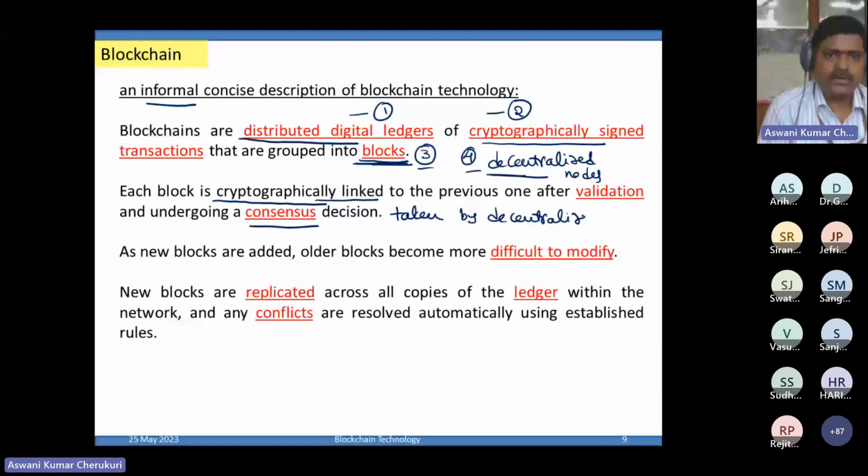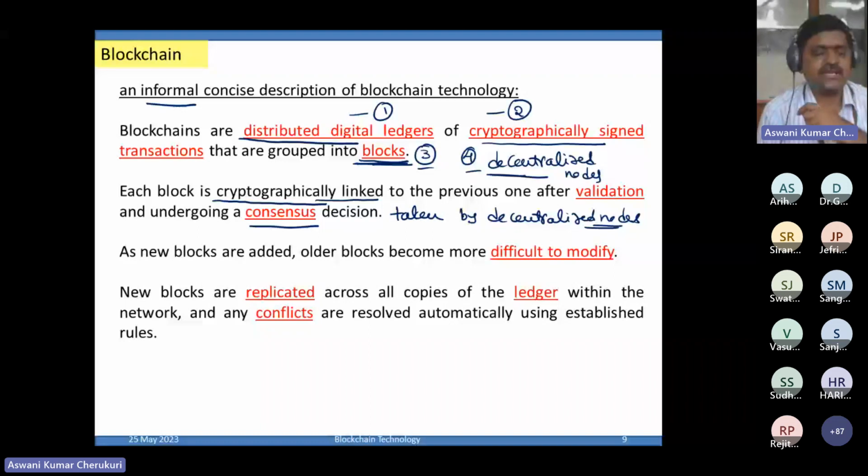So far, what have we understood? We have understood that it is a distributed ledger. When I say ledger, for now you can think of it as a database. So a distributed ledger has cryptographically signed transactions. Transaction 1, transaction 2, transaction 3, like that, multiple transactions.